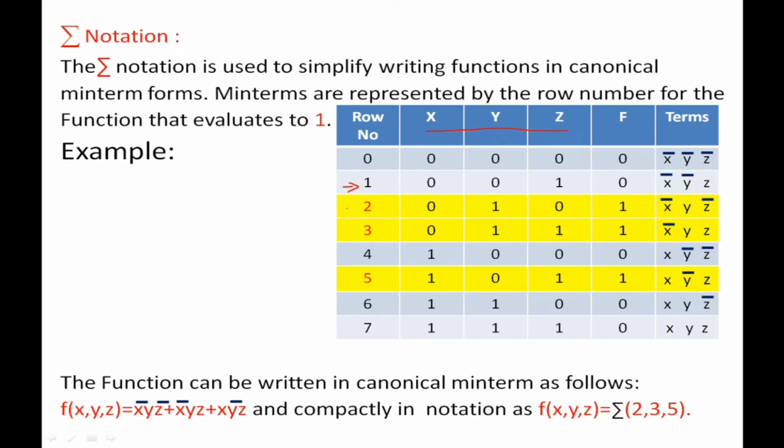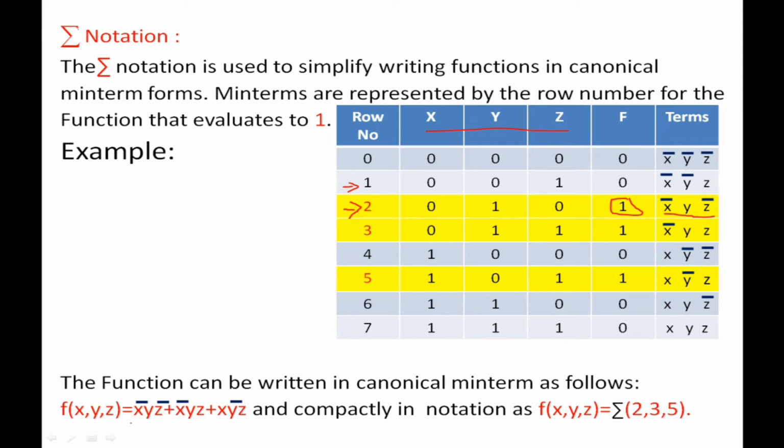In the third row, which is represented by row number 2, it is 0 1 0 and the function is evaluating to 1. So whenever a function is evaluating to 1, the term is going to be a part of the Boolean function. So x bar, y, z bar.